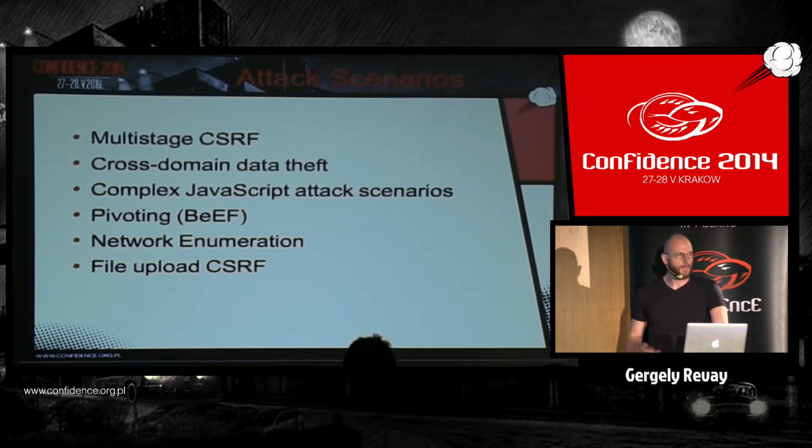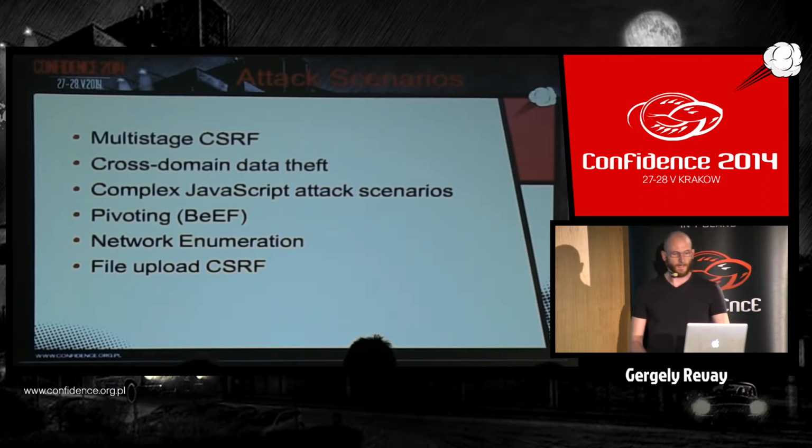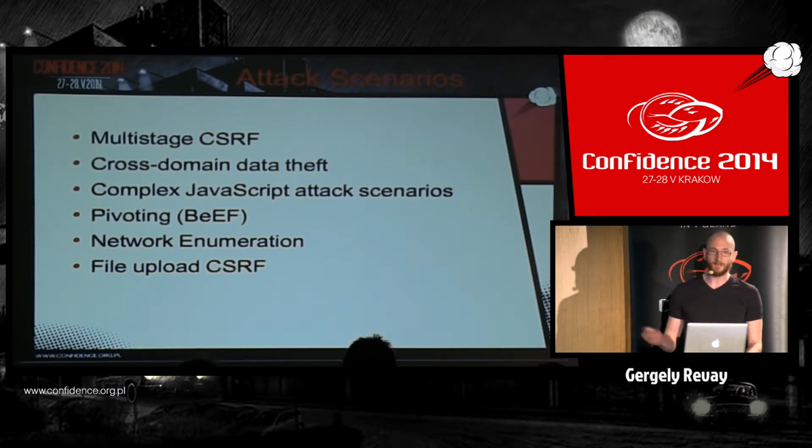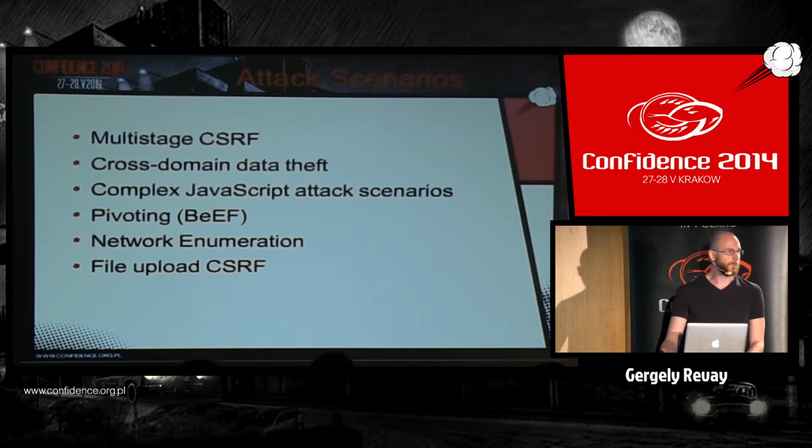But you can imagine many more things where what you want to do in an application is pretty complicated. You have to do a lot of things, and with one or two forms, you cannot do that. But what if you have JavaScript in your hand, then you can do all of those. And for instance, BeEF, the browser exploitation framework, also uses CORS when it does pivoting.